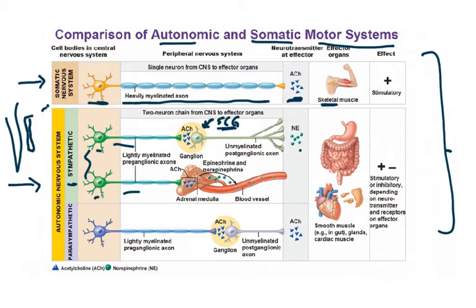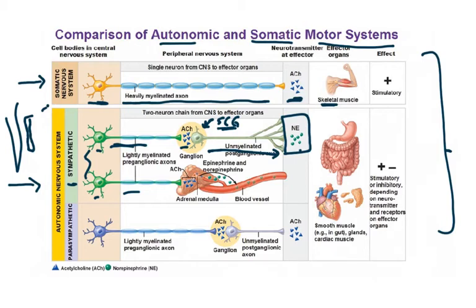The first neuron, the preganglionic neuron, is always going to be releasing acetylcholine and stimulating the second postganglionic neuron, who will then release neurotransmitters to the target organs. But the sympathetic nervous system is the one place where we release something different than acetylcholine, and that is norepinephrine.